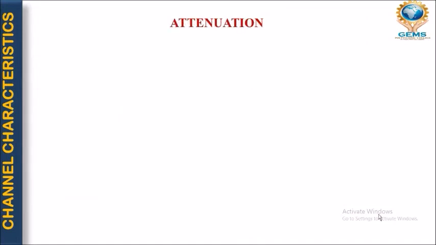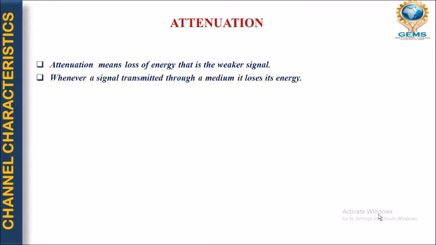Let's start with the first type of impairment, attenuation. What is attenuation? It means the loss of energy in the weaker section. I will explain this point by point.